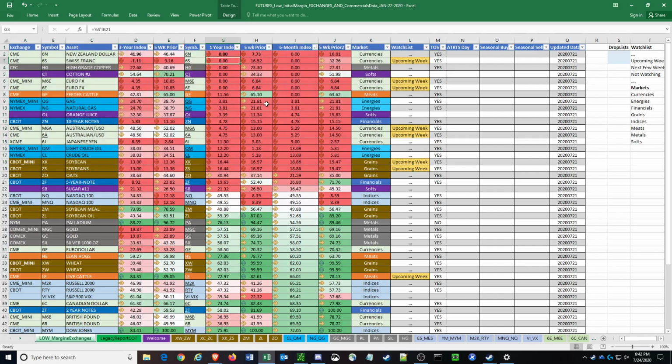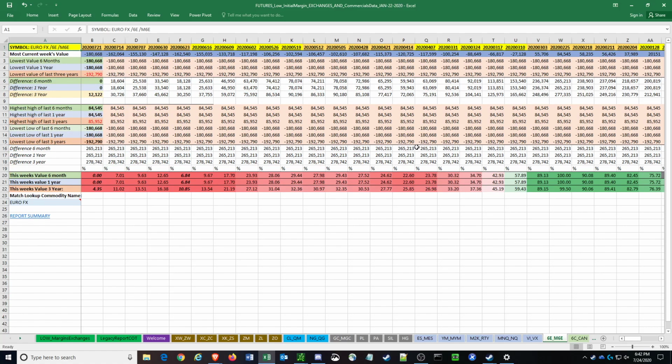It's nice to see these numbers up in here. Commercial interest is not a timing tool, but it does let you know where the money is, and this is where they're placing their bets right now. They're placing their bets that the euro is going to be turning around here. And this is something new that we did too, is we linked between our commodity symbols here.